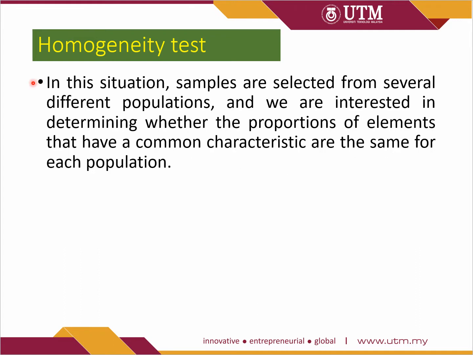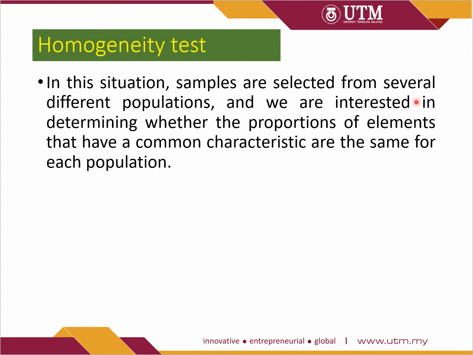In this situation, samples are selected from several different populations, and we are interested in determining whether the proportions of elements that have a common characteristic are the same for each population. This is where the homogeneity test differs from the independence test, where, if you can recall, the test of independence is to determine the independence of two factors.